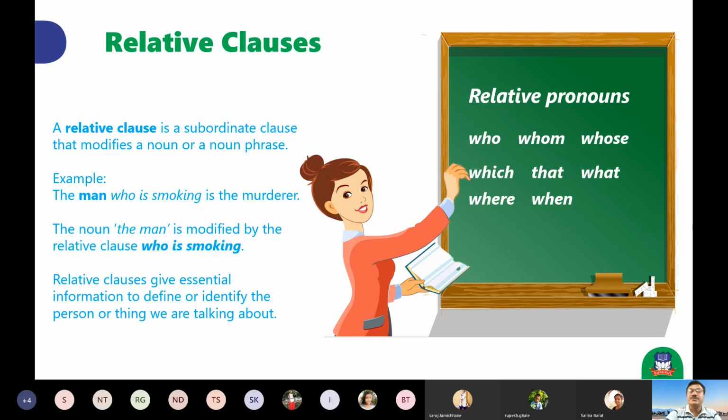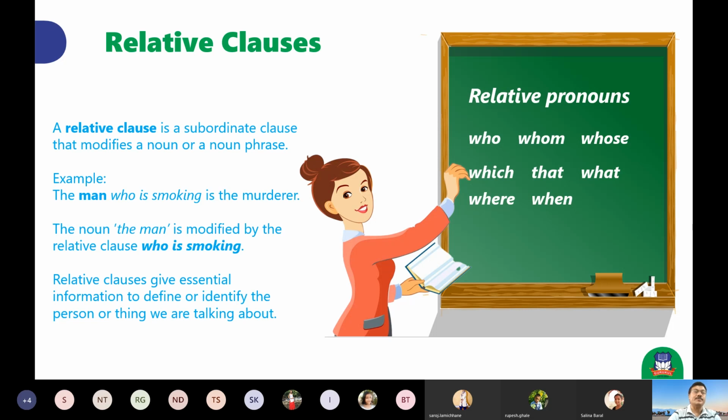Relative clauses give essential information to define or identify the person or thing we are talking about. Okay?